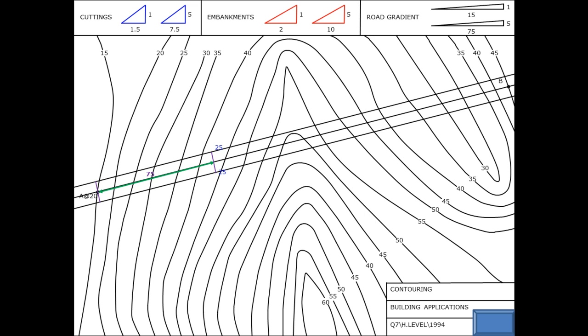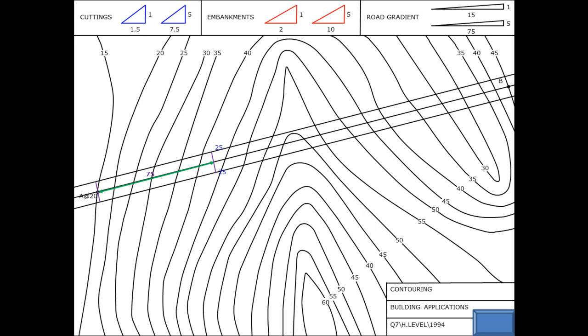With that done, the next thing we want to do is look and put in our cones, say whether our cut cone or our fill cone. The idea being is that we want to find a level line which we'll be able to offset to cross with our contours. So generally start off and look at the map that you have and see, well, are we going to need mostly cut or mostly fill, and start off with which is going to be the most common.